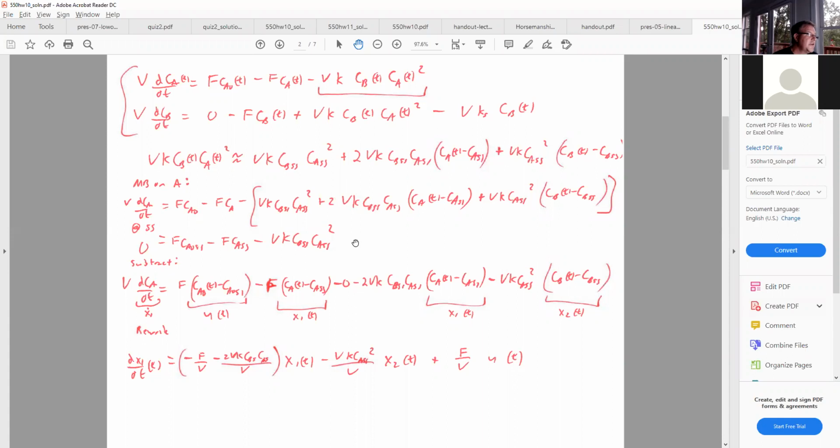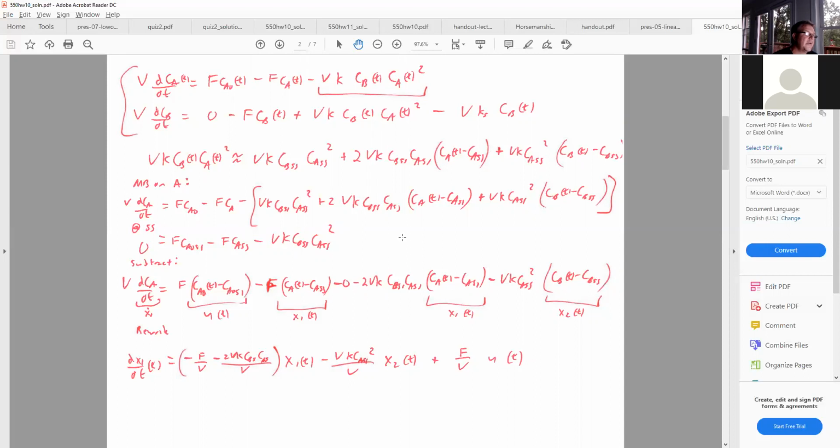So, linear mass balance: write the steady state equation, subtract the steady state equation. Now CA naught minus CA naught steady state looks like an input. Flow times CA minus flow times CA steady state. The CA minus CA steady state is going to be a state variable. Constant minus a constant is 0. This constant times deviation CA is just a constant times deviation CA.